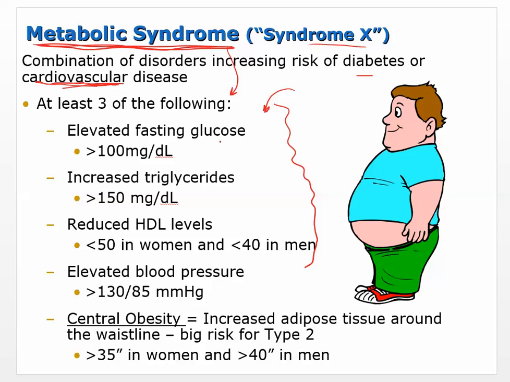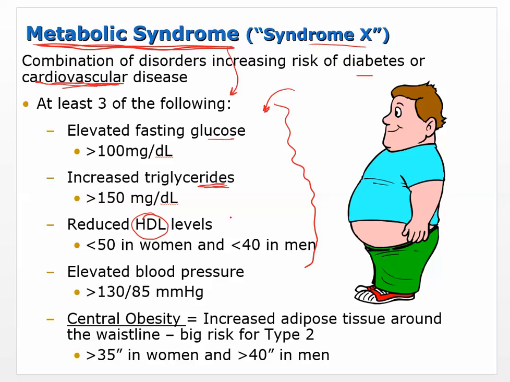Elevated fasting glucose, over 100 milligrams per deciliter. Increased triglycerides, if you see elevated triglycerides in a lab test, over 150 milligrams per deciliter. Reduced HDL. HDL is our high density lipoproteins. Some people call it good cholesterol or good fats, and really it kind of is, in a way.